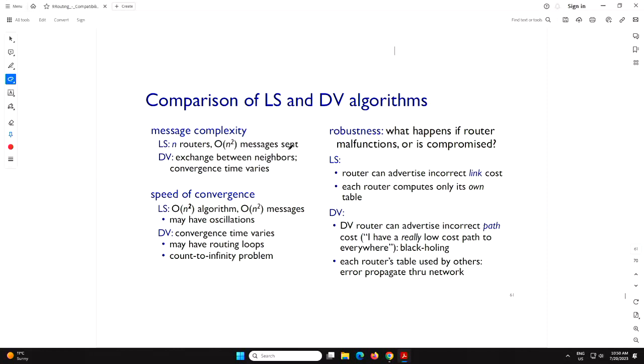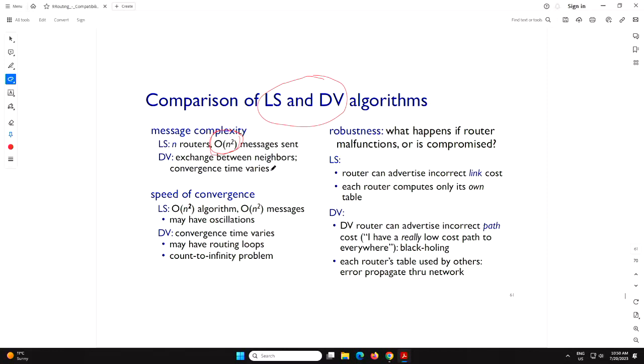What we are switching to now is a comparison between link state and distance vector routing, because we said that once we do both of them, then we will be in a better position to discuss the differences. So you can look at the complexity. We have already seen that link state has exponential complexity due to Dijkstra's shortest path algorithm. You can reduce it a little bit to logarithmic, but still it's complex.